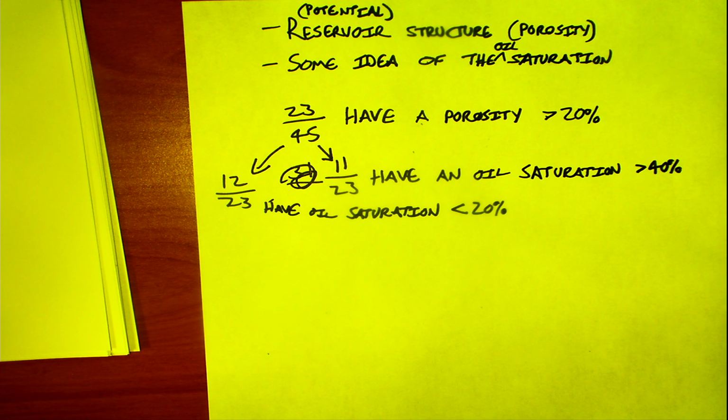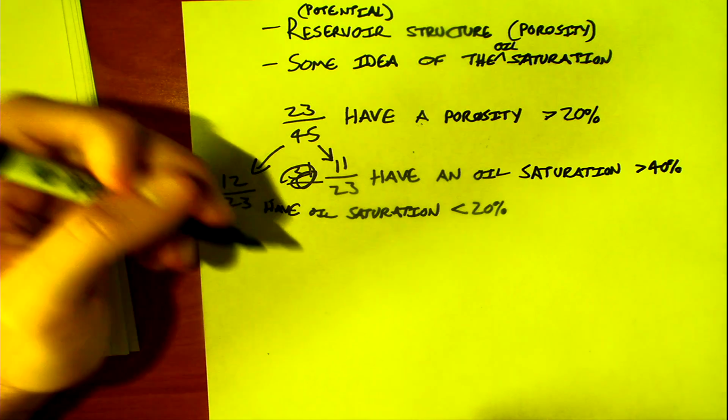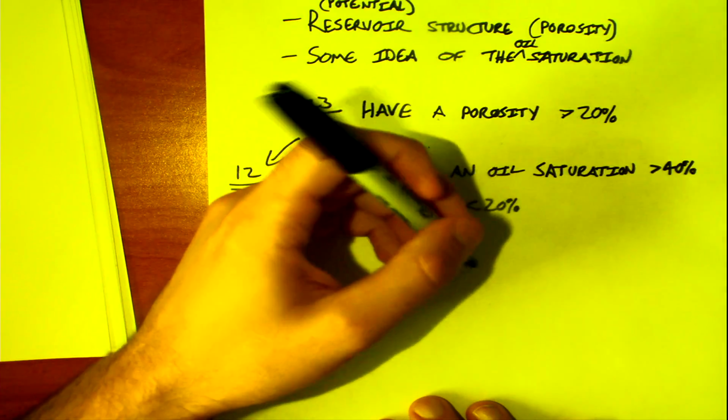What is the chance of not only getting a reservoir that has a higher porosity, but one that also has a higher oil saturation, and what's the probability of going in the other direction too? And this is the start of what are called tree diagrams.